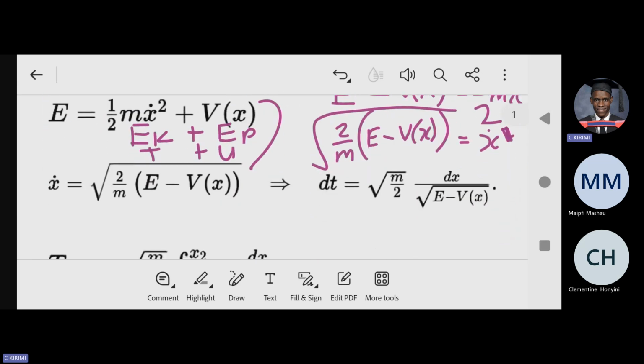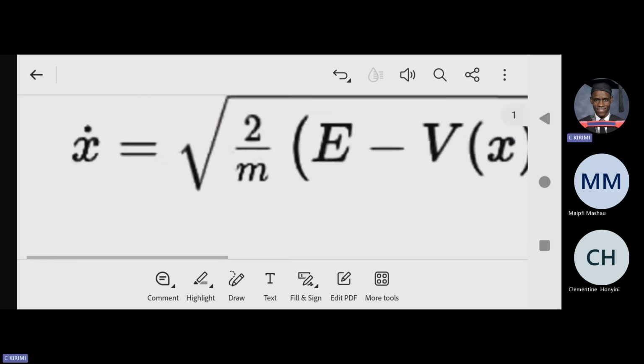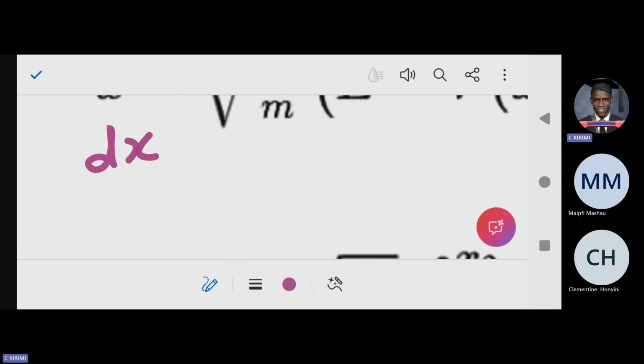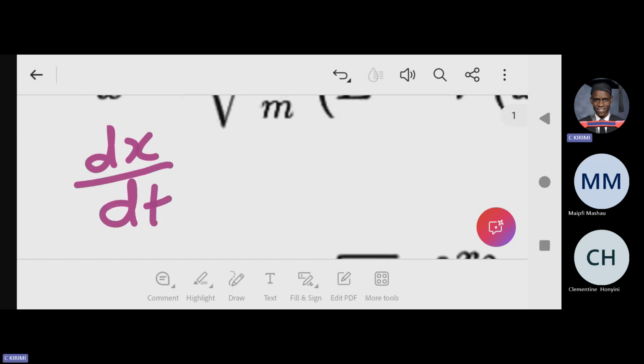From there, you differentiate, which means this x dot, in other words, is dx/dt.